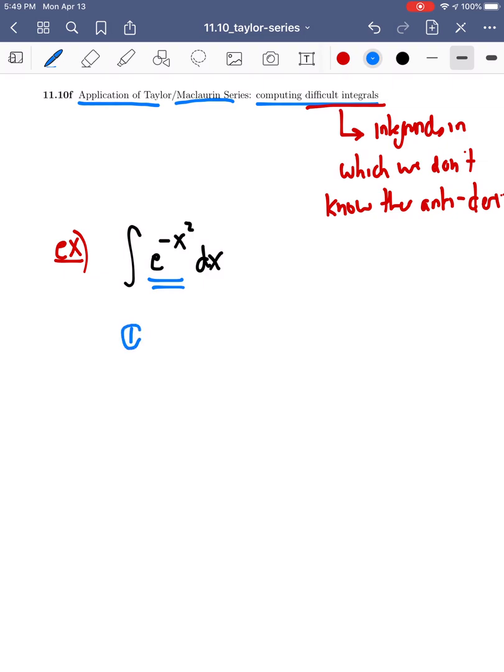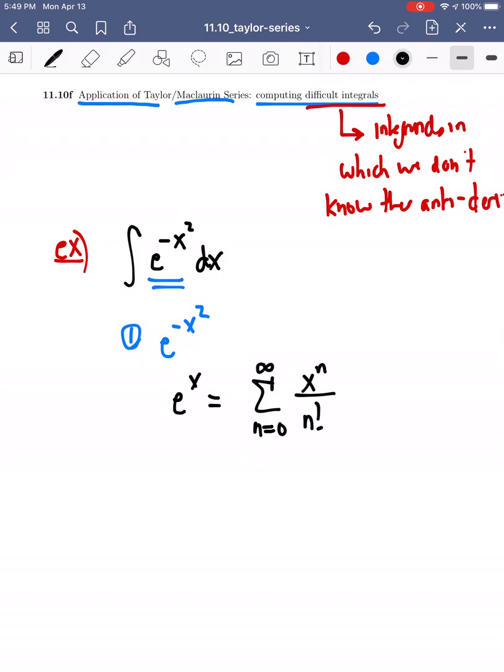So first, let's find the Taylor series or Maclaurin series for e to the minus x squared. And we can do this using our stenciling idea. If you remember, e to the x has a Maclaurin series, the series from n equals 0 to infinity of x to the n all over n factorial.